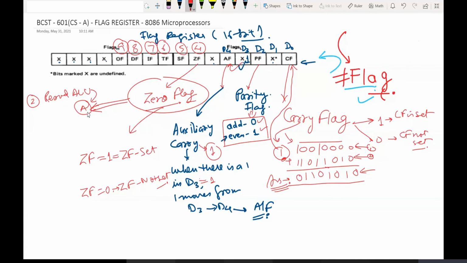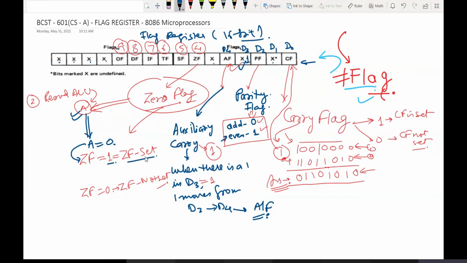What is inside the accumulator? Now listen very carefully. If the accumulator is having a zero value after an operation, this is the case when the zero flag will become 1 and will be called set.